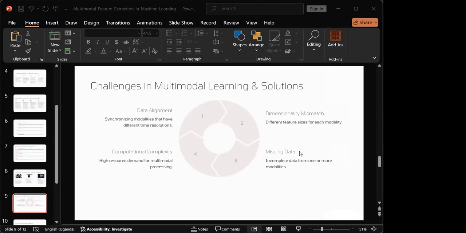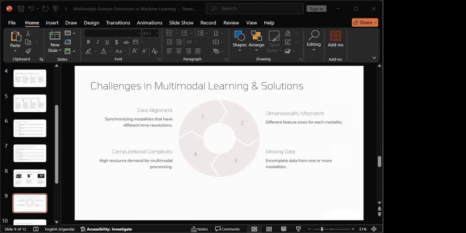So that's what we call data alignment. You find a problem whereby sampling modalities might not be perfectly synchronized. I use the word synchronized in the sense of perfect timing. So a solution in this case could be temporal alignment, such as dynamic time warping, sequence alignment models, and cross-modal attention.